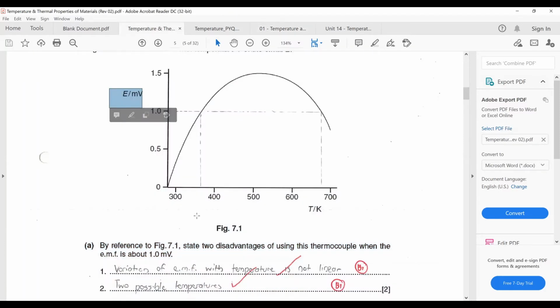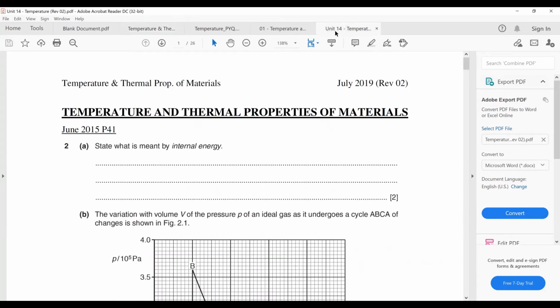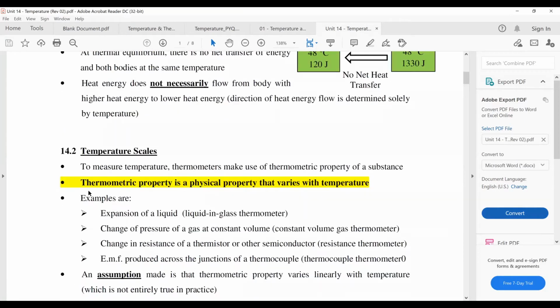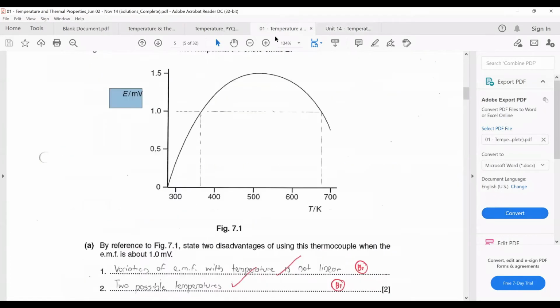Just now I mentioned to you, a thermometer makes use of a thermometric property, a physical property that varies with temperature. That physical property will tell you the temperature. Like for a liquid in glass thermometer, you look at the length of your liquid after it has expanded. For a thermocouple, you look at the EMF that you produce.